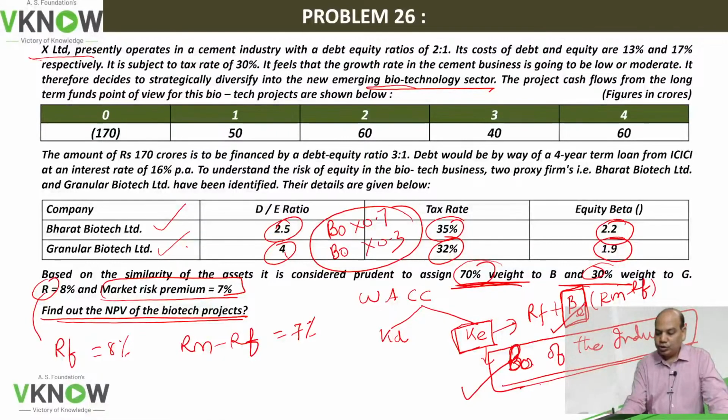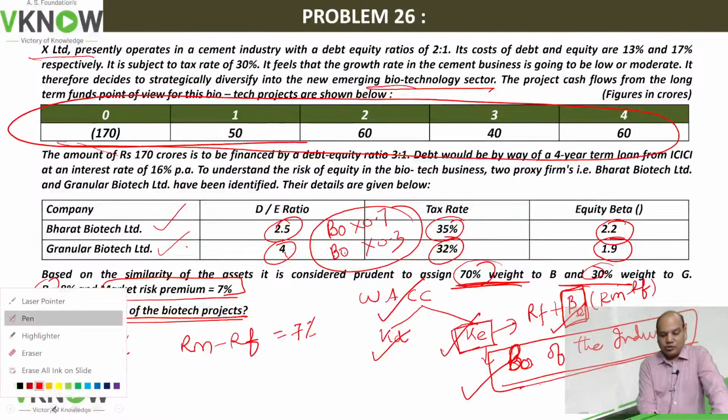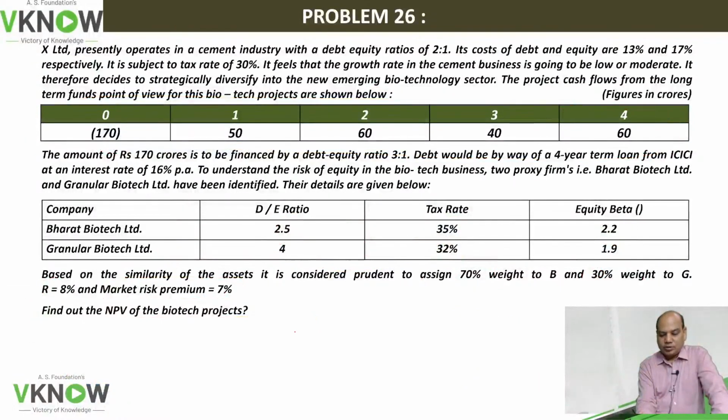After finding equity beta, we find cost of equity, cost of debt, and WACC, and the WACC will be applied to find the NPV of the biotech business which this company is starting. This question is a mixture of two chapters: advanced capital budgeting plus portfolio.